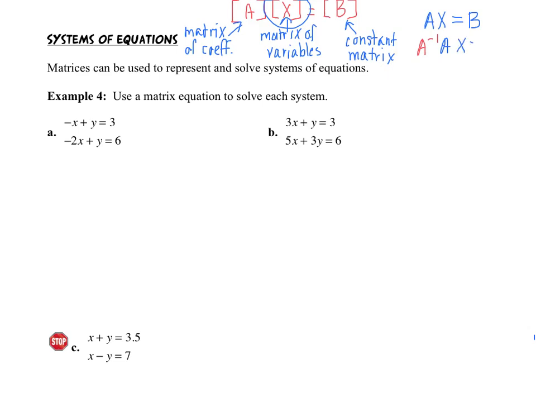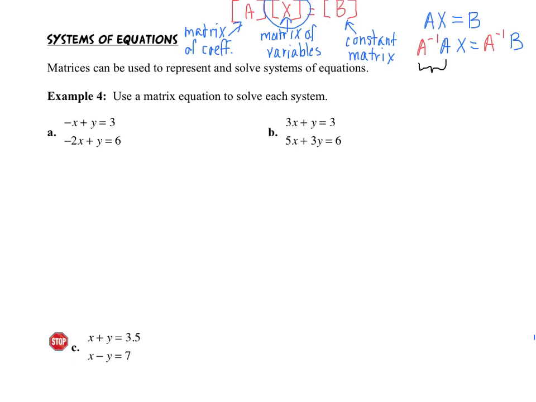And then we have X equals, but I can't do something to one side of an equation without doing it to the other side. And the order on the right side here is important because, again, matrix multiplication, order does matter. So I'm going to do A inverse times B. A inverse has to be on the left of B because I did it to the left of A. So in the beginning, we talked about the identity matrix.